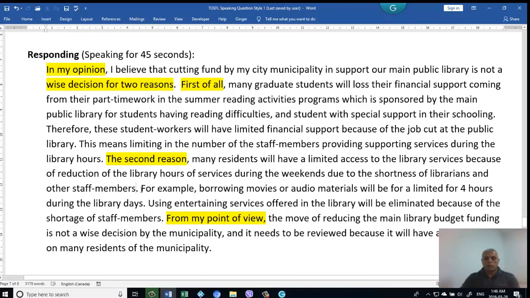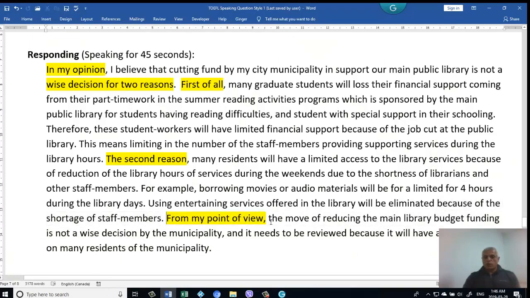For example, borrowing movies or audio materials will be for a limited time, for 4 hours during the library days. And also, using the entertaining services offered in the library will be limited because of the shortage of the staff members.